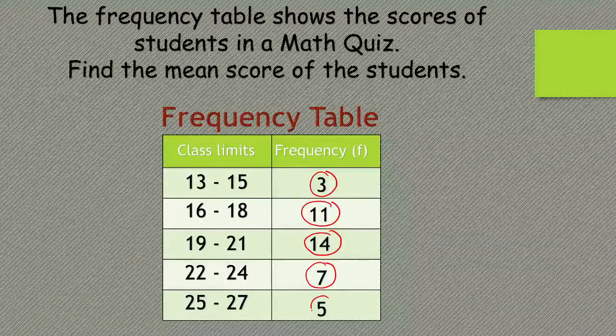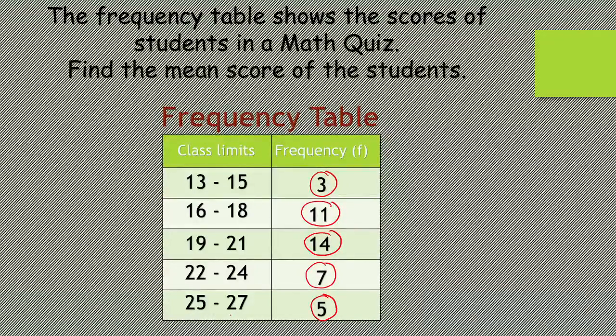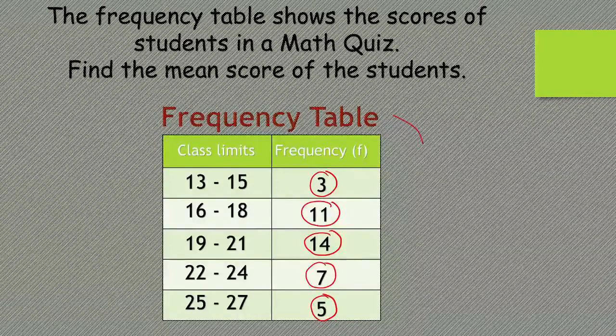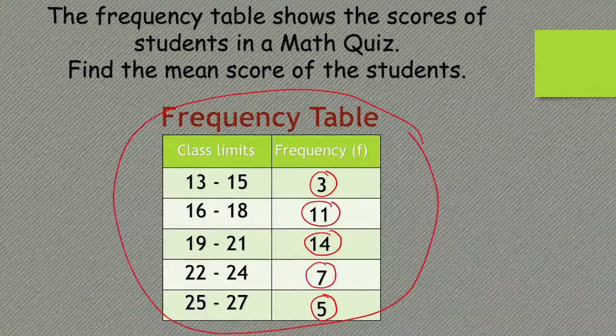And 5 students got a score of 25 to 27. And this is what you call a frequency distribution table.